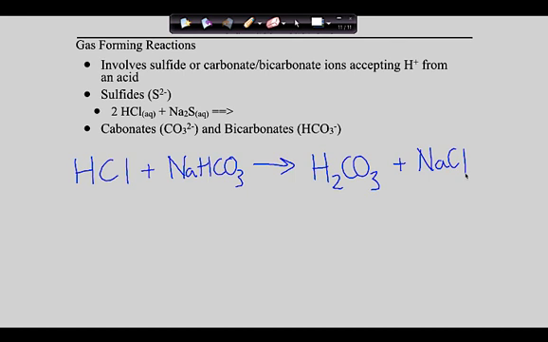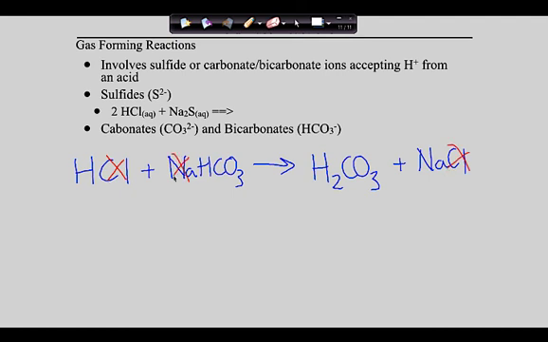Let's narrow this down and let's get rid of the spectators. So hydrogen starts out aqueous and ends up in this acid. It is not a spectator. Chloride starts aqueous and ends up aqueous. Spectator, right? Let me switch colors.